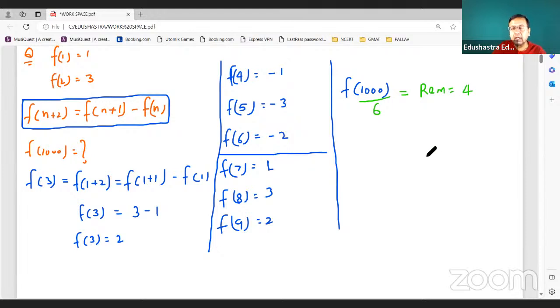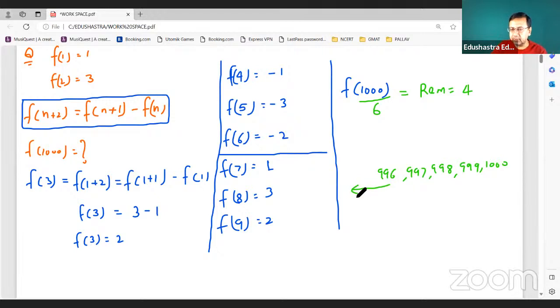Done. So the last 4 elements are 1000, before this 999, before this 998, before this 997. These are not making any group. But before this, till 996, we have groups formed, a group for every sixth element.